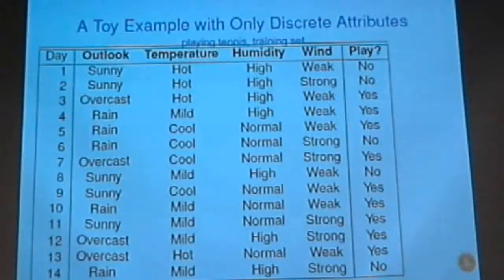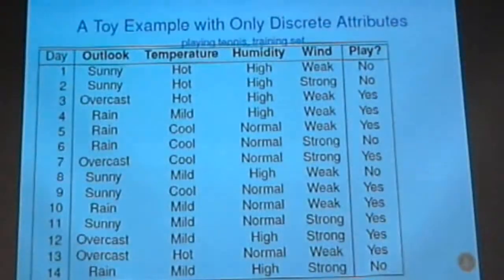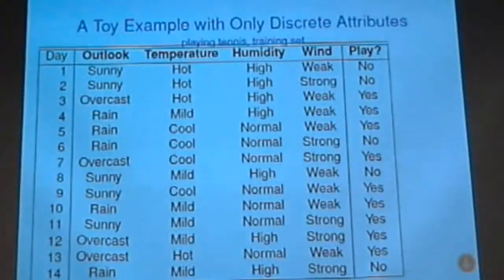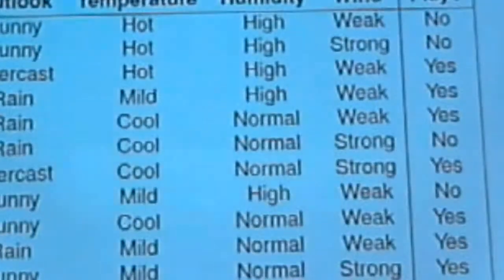According to the outlook of the day, the temperature, humidity, and wind, in the past they played tennis or not. The group identities are either no or yes, and under this combination of weather conditions, this is the result that they play or do not play.